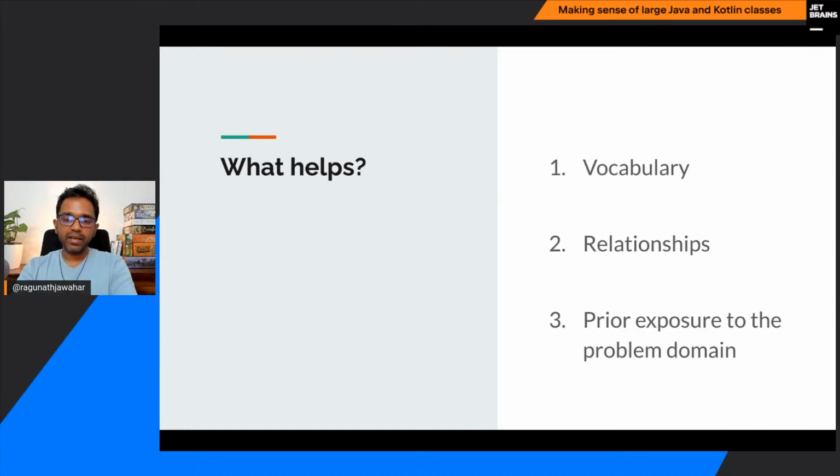This could be an advantage if you're going to work on a code base where you have prior domain exposure, not necessarily as a creator, but even as a consumer. So for three, there is no easy replacement, but if you have a good understanding of the vocabulary and the relationship, you could still go ahead and capture three over a period of time.